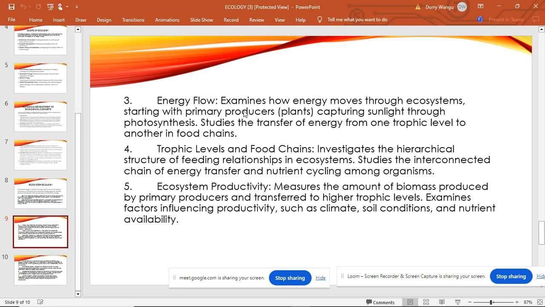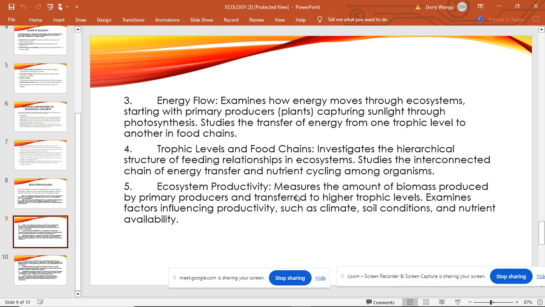Energy flow examines how energy moves through ecosystems, starting with primary producers capturing sunlight through photosynthesis, and studies the transfer of energy from one trophic level to another in food chains. Trophic levels and food chains: it investigates the hierarchical structure of feeding relationships in ecosystems, and studies the interconnected chain of energy transfer and nutrient cycling among organisms.